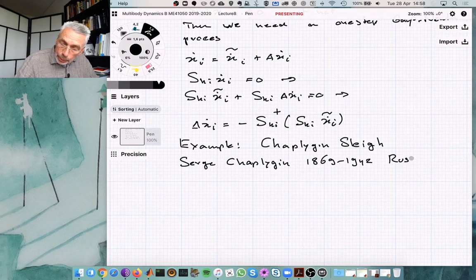Anyway, he was from Russia, and he was a mathematician and a dynamicist. He was very interested in dynamics of mechanical systems, but with a very mathematical approach, like most Russians do. Actually, the whole dynamics of non-holonomic systems really flourished in Russia, because of this mathematical approach also to the problem.